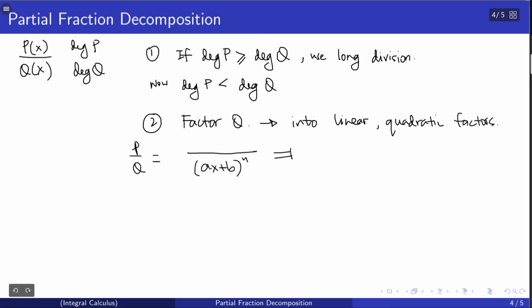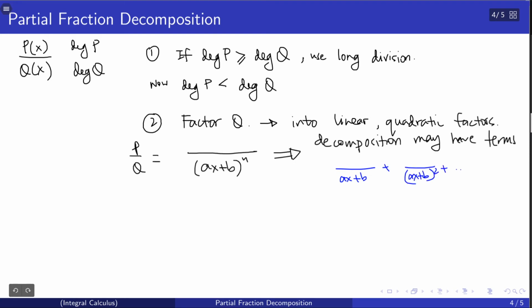Well, this tells me that my decomposition may have terms of the following form. ax + b in the denominator, (ax + b)², and all the terms until (ax + b)ⁿ.